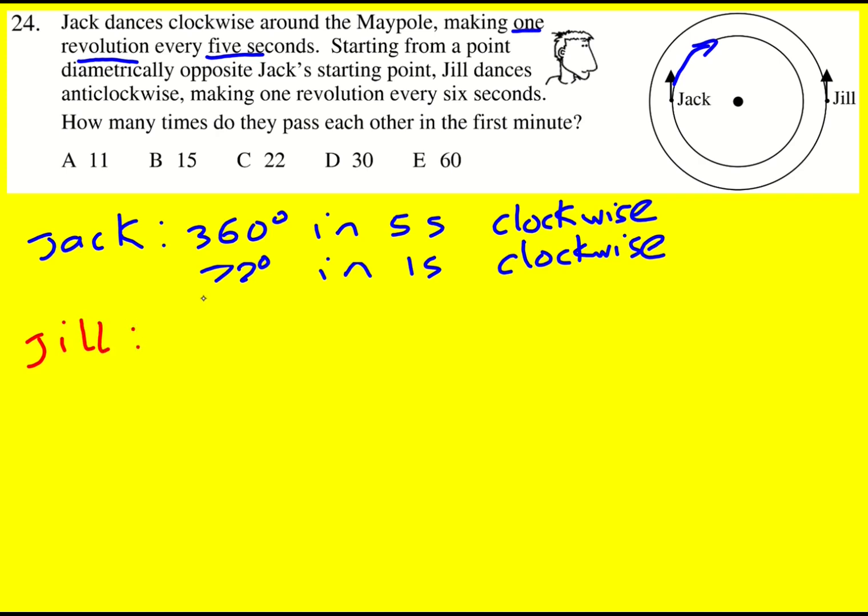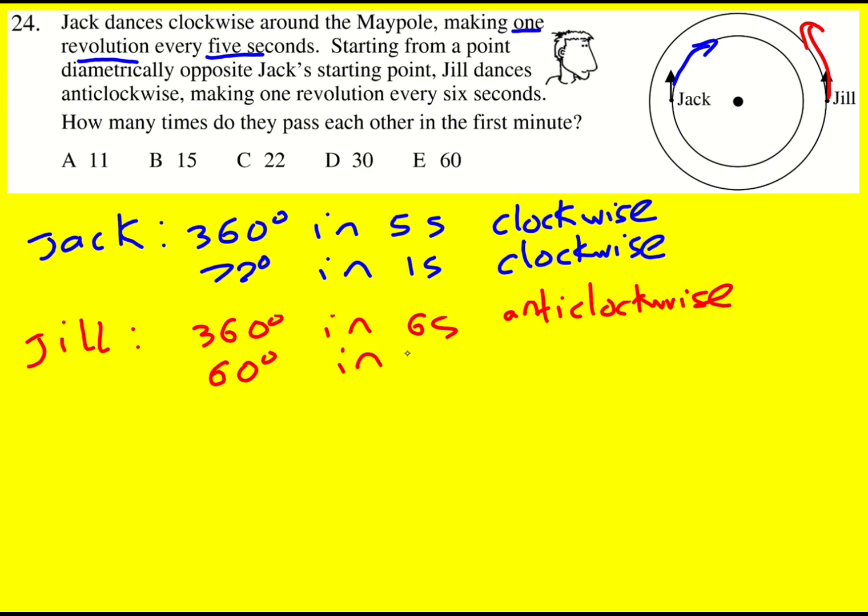Then Jill is going 360 degrees in 6 seconds, but in the opposite direction. But divide through by 6, here we've got 60 degrees in 1 second.